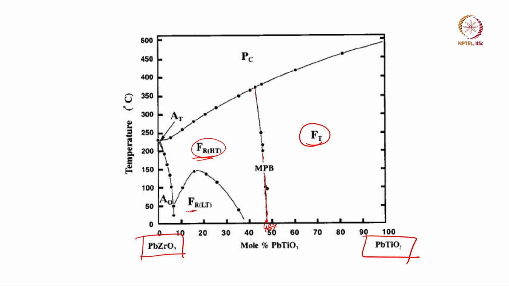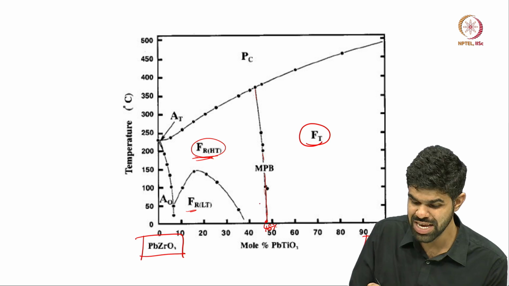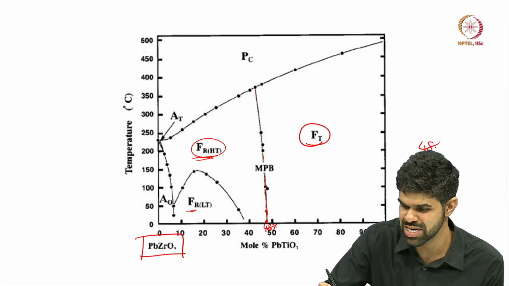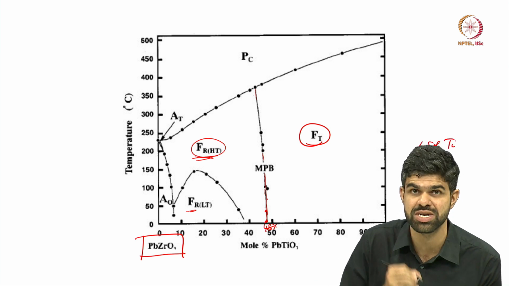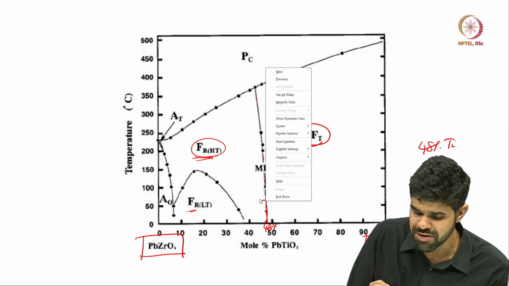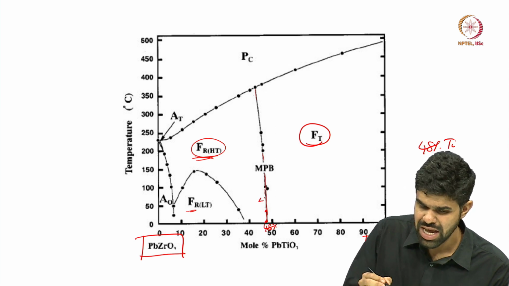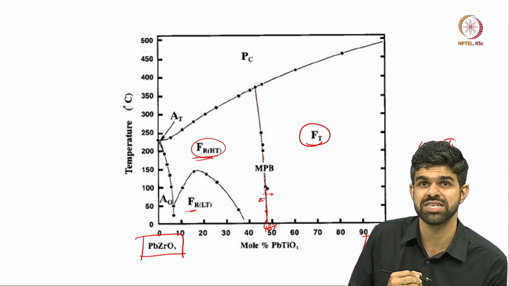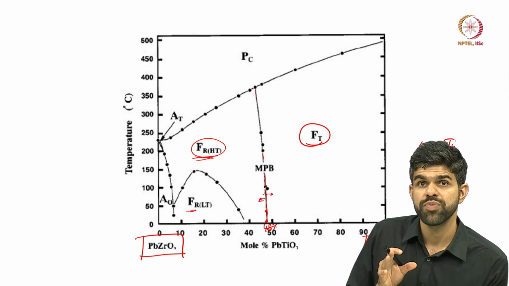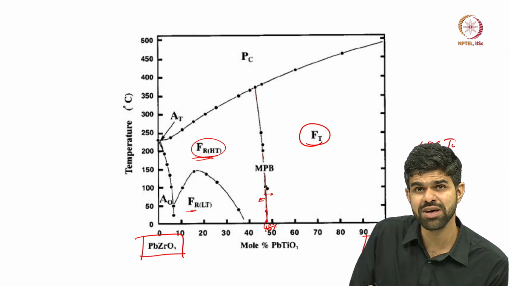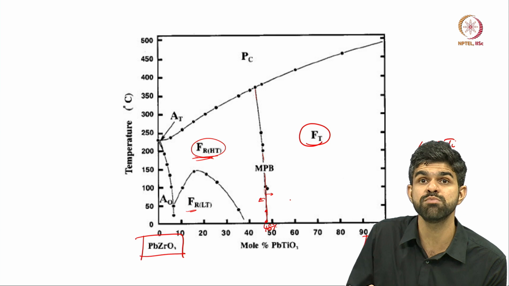If I am at this boundary, at 48% titanium composition, a little bit of compositional fluctuation this way will put me in the rhombohedral phase, and a little bit of compositional fluctuation that way will put me in the tetragonal phase. So, if I apply an electric field, this also translates to fluctuations in polarization.